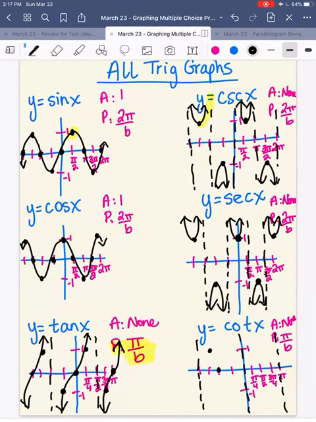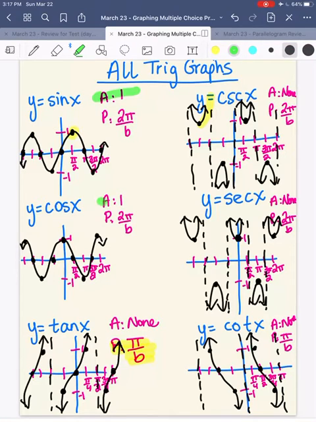And then cotangent is a decreasing graph. So it starts up and then it goes down. Like this, starts up, middle, down. Like so.